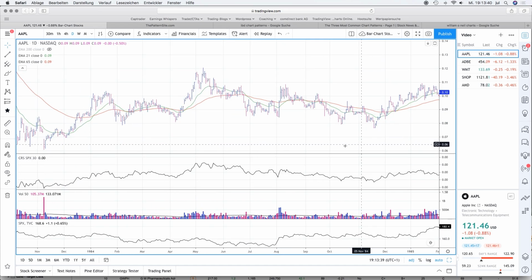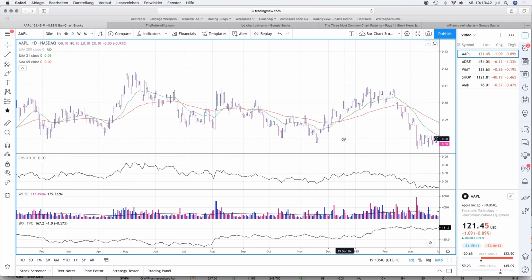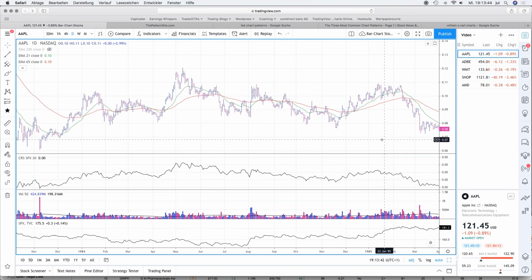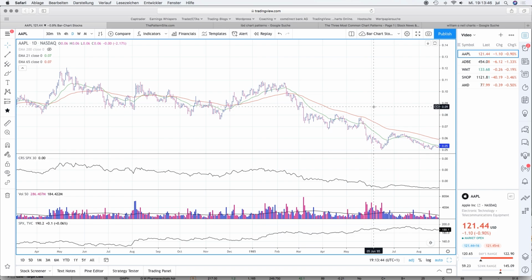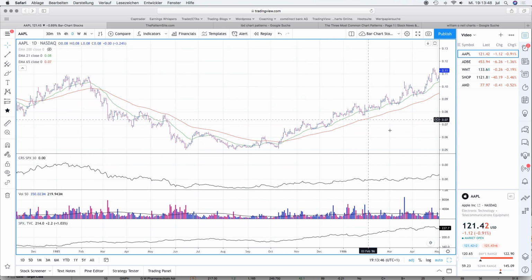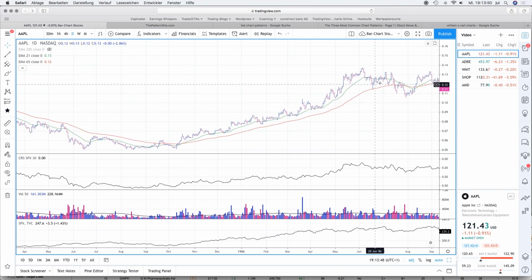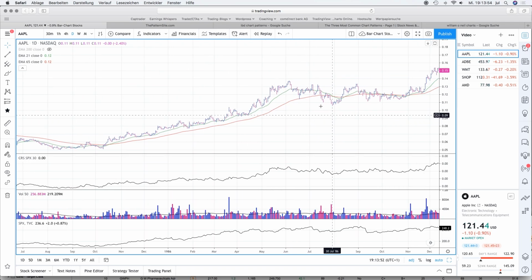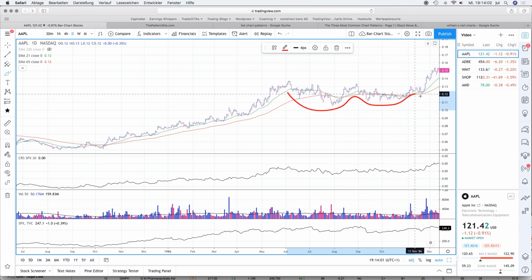I can zoom in a chart, and this is how I go through historical charts. And when I scroll a little bit now to 1986, for example, I see here a pattern which I'm very familiar with, and this is a VCP pattern. So you can see that here in 1986.